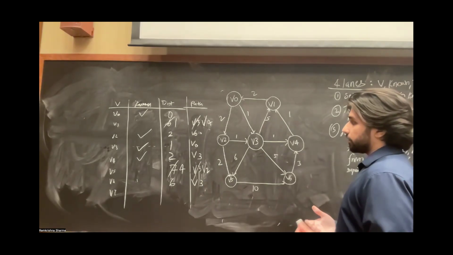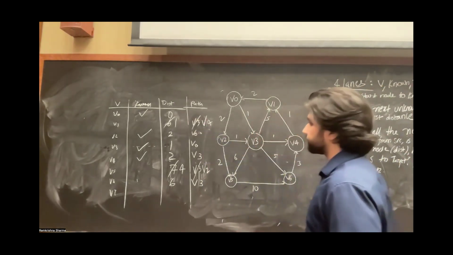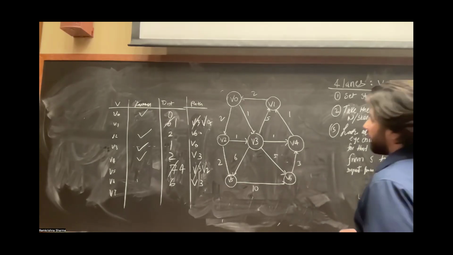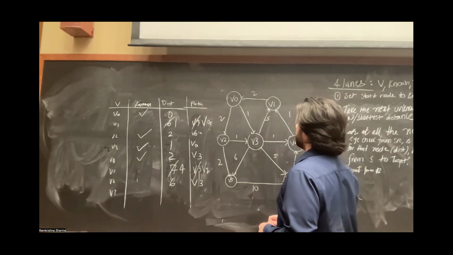Then again, next unknown node of shortest distance, clearly that's V1. And at that point, because it is V1, we look at everything that emanates from V1, right? Here we see 0.